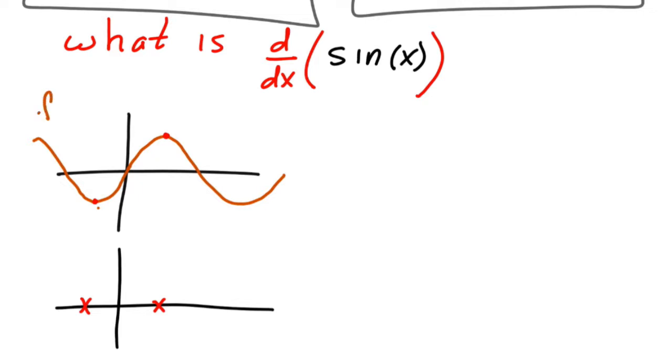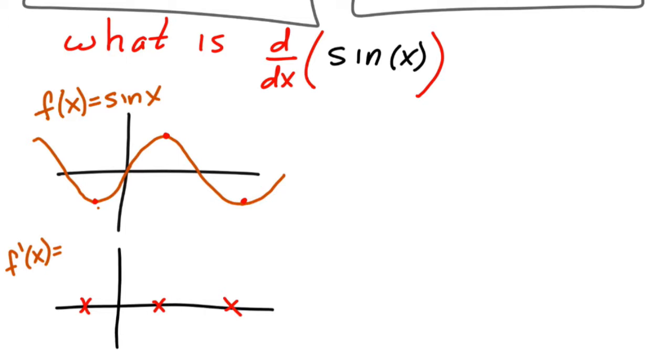So I'm going to put here f, this is the function, in this case sine. And here the derivative, which I don't know what it is yet, but I'll soon enough find out. And then, right around here, this guy's also equal to 0.